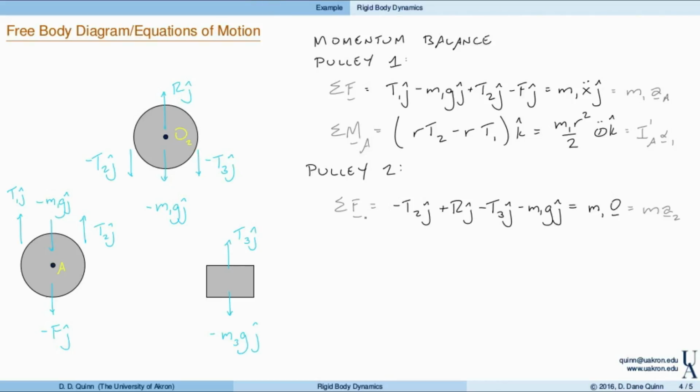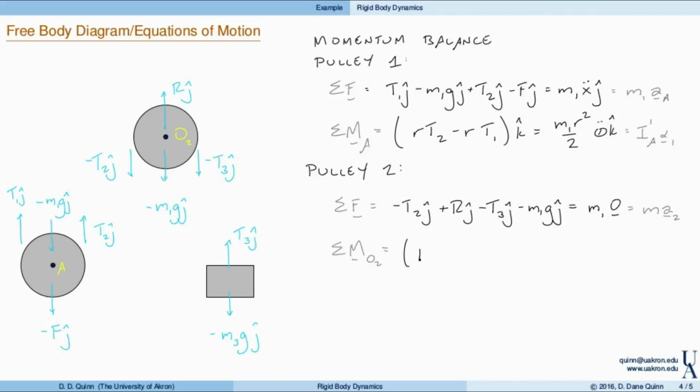However, the angular momentum balance equation is not nearly so simple, right? Because the object does rotate. So we have the sum of the moments about O2 is the net moment. Again, the reaction force and the weight act through the mass center.